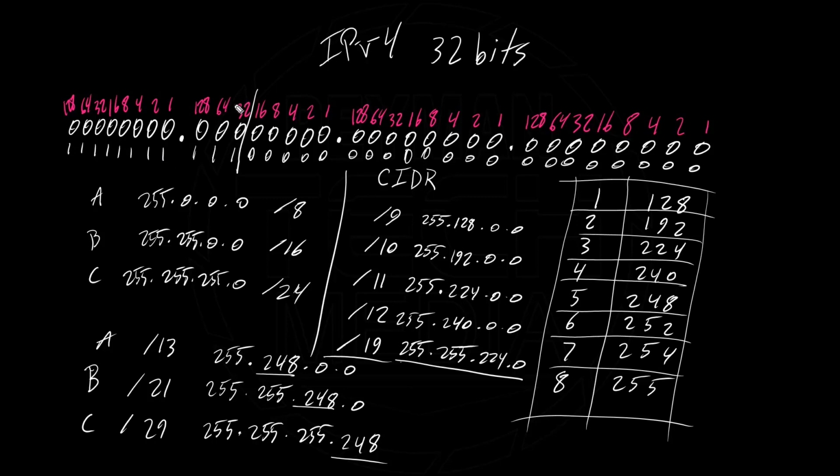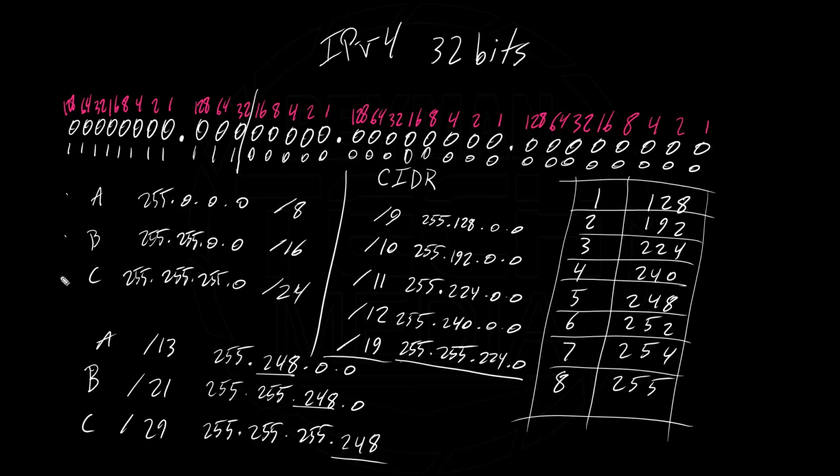And here only these 3 we need to add: 128 plus 64 plus 32, because only these 3 are turned on. The 0 is off, so we don't add those numbers. So it gives us 224 on the second octet, and the rest are 0, as we can see for the /11. So this is a quick comparison when we talk about the default subnet mask.